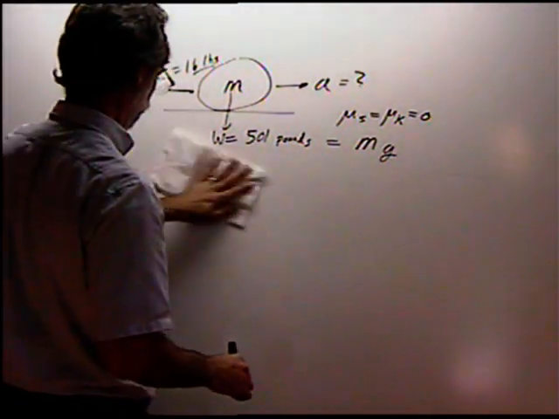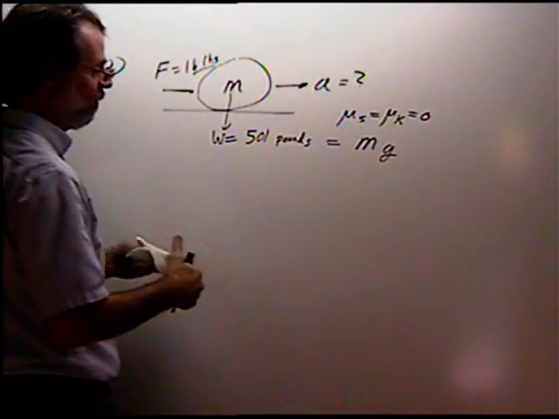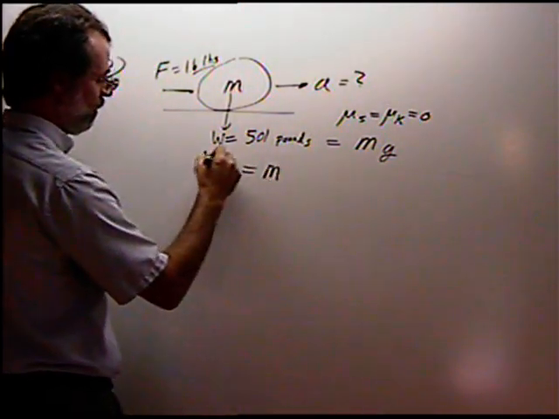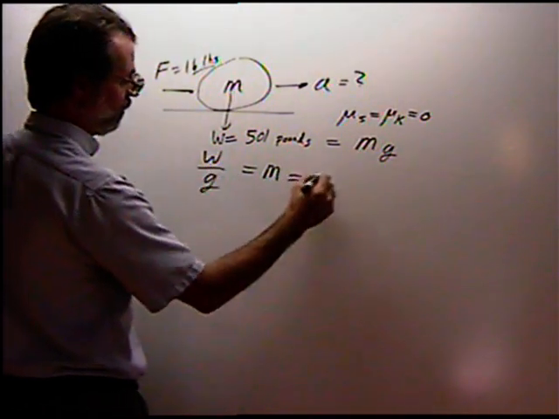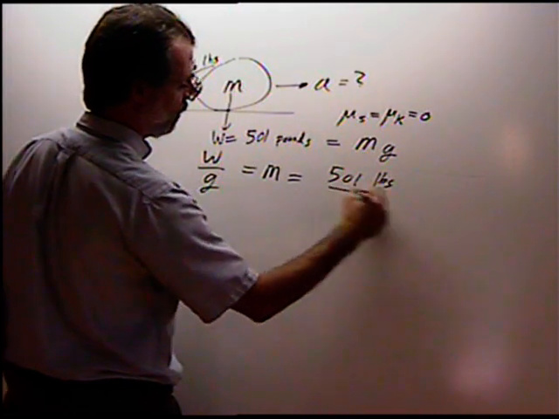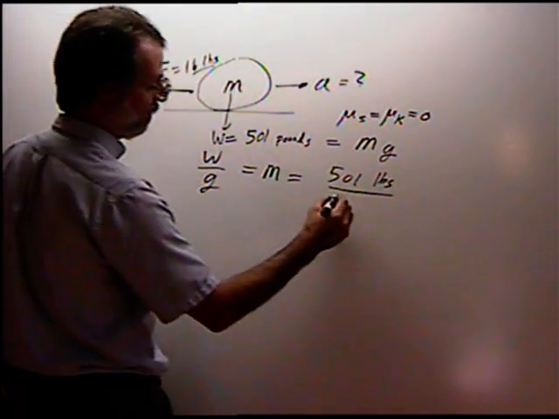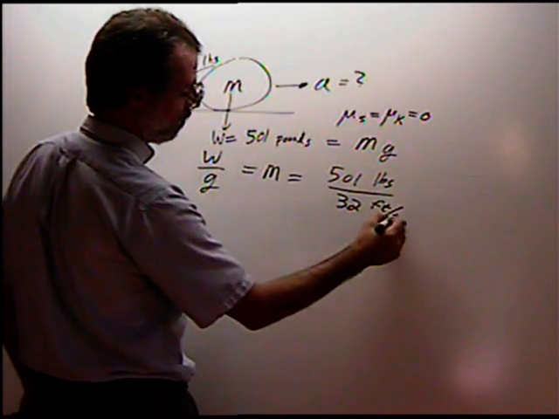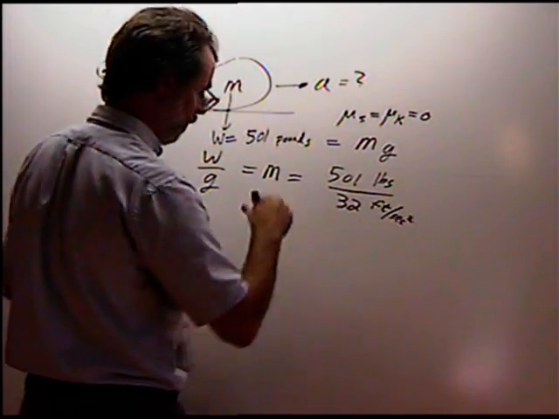So, we can solve for the mass. The mass must be equal to the weight divided by the gravity. So we have 501 pounds, LBS is an abbreviation for pounds, divided by 32. You have to use English units here, feet per second squared.